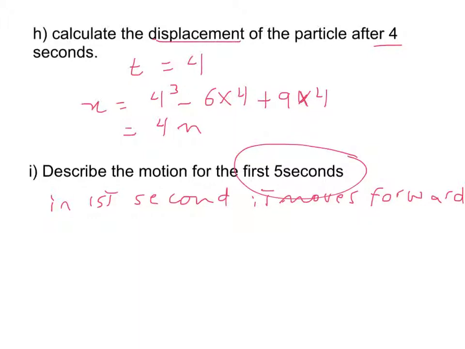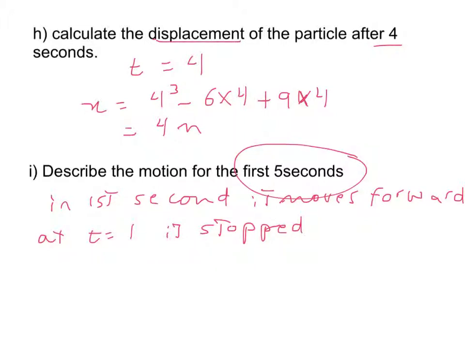It stops. That's when you had a stationary point at t equals 1. You had a stationary point, so it stopped and went back, comes back during the next 2 seconds.